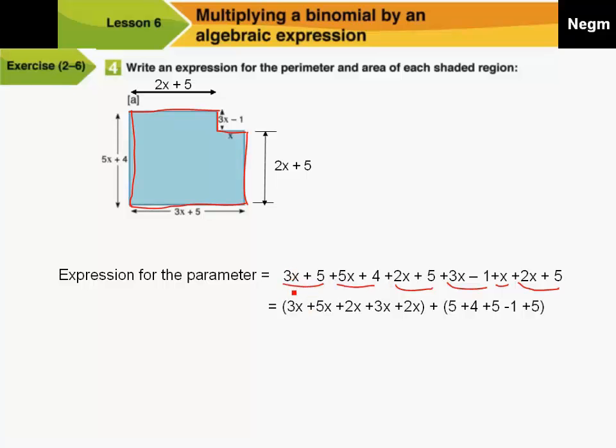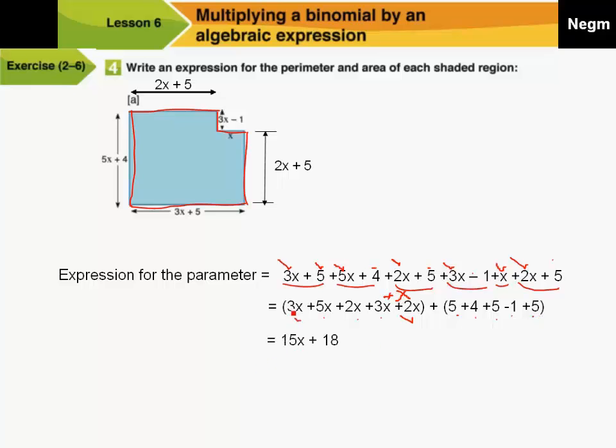So we have 3x, 5x plus 2x plus 3x plus x, plus x plus 2x, plus the numbers, which are 5 plus 4 plus 5 minus 1 plus 5.